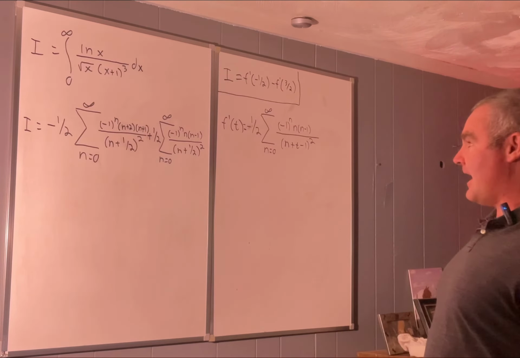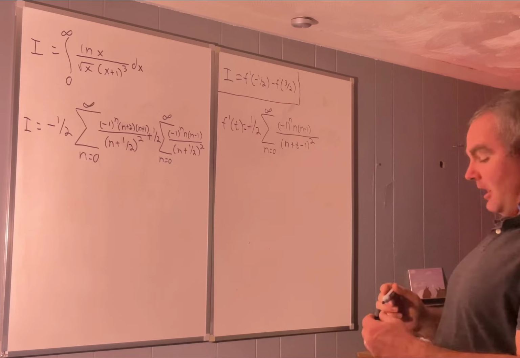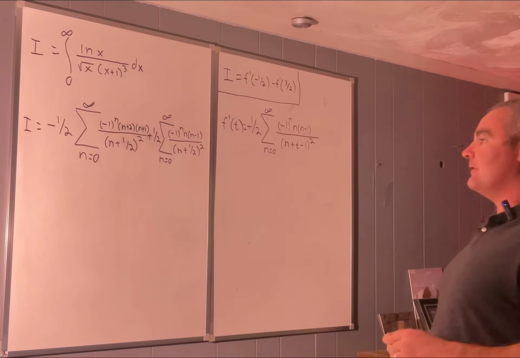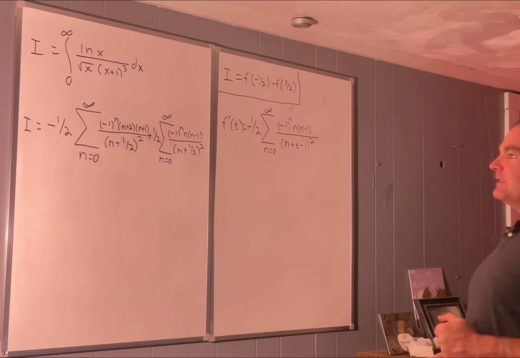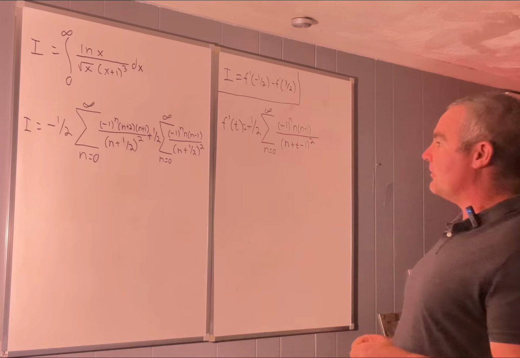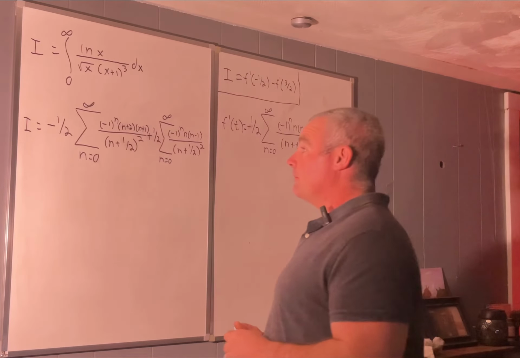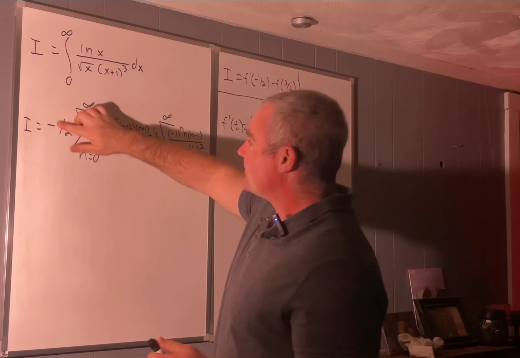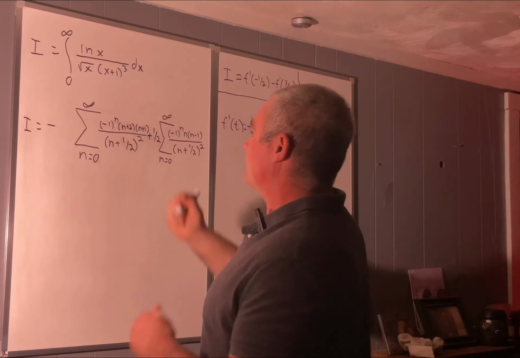Okay, now what do we do? I don't like this n plus 1/2 in the denominator, so what I'm going to do is multiply the top and the bottom by 4. Multiplying the top by 4 would just give us a negative 2 here.